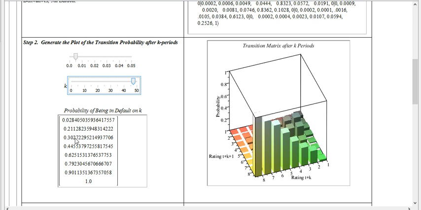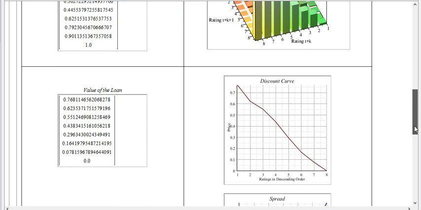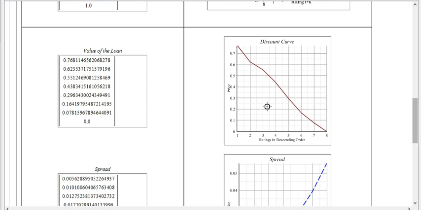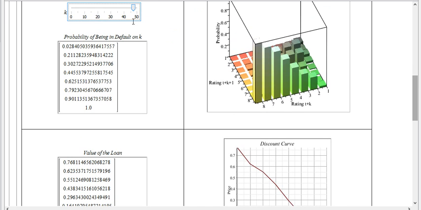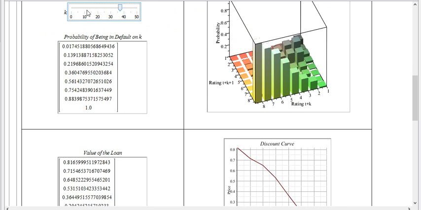So the first 3 notches, even after almost 50 periods, still have a relatively low probability of default. But as we move into lower credit quality, then the probability of default increases substantially. What this means in terms of the value of the loan is how the value of the loan goes down as the number of periods change.